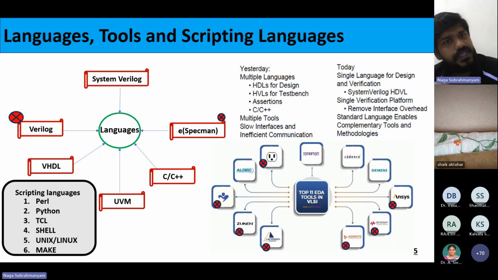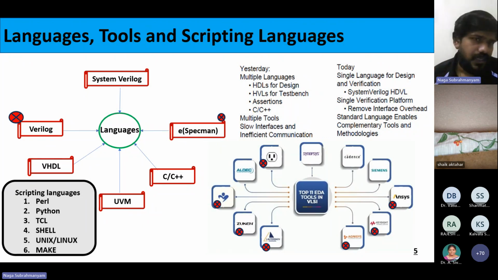What and all the various things they introduced from Verilog to SystemVerilog, we'll see in the coming slides. But nowadays most of the designers are using SystemVerilog for their design also, not only for verification. Some people are still working on VHDL. I hope in the near future it won't be there.